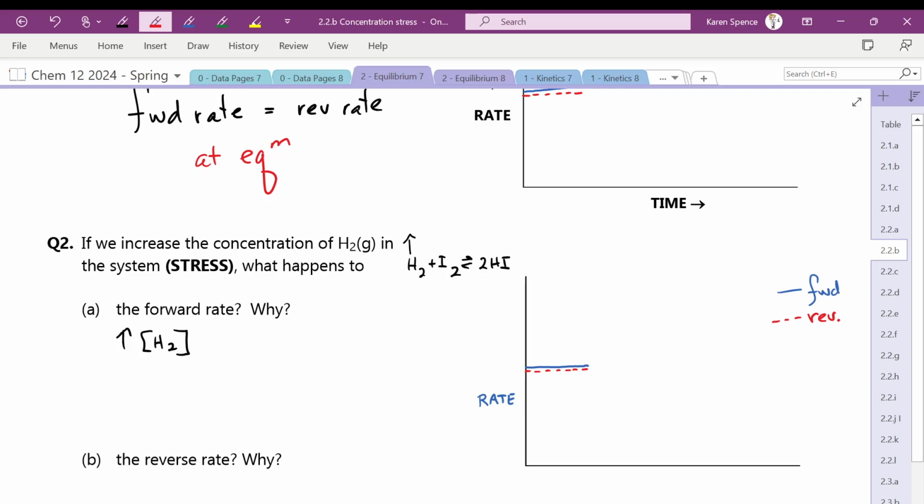You guys are going to say increase, decrease, or stay the same. H2 is a reactant. Will the forward rate increase, decrease, or stay the same? Forward rate will increase because we have more H2 particles in the same space.